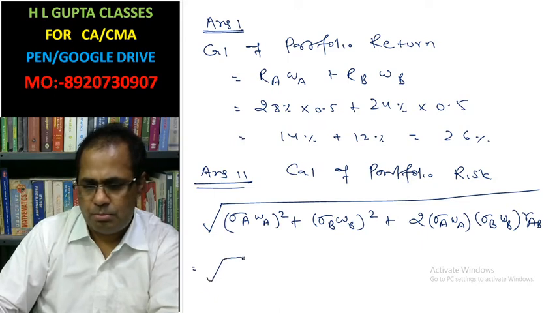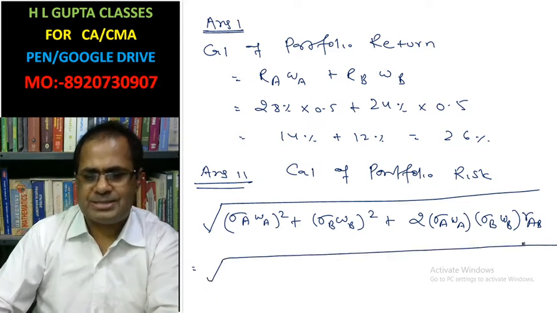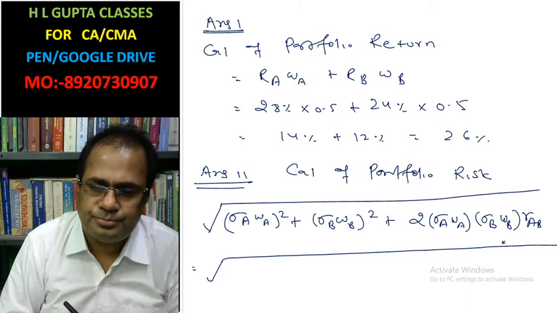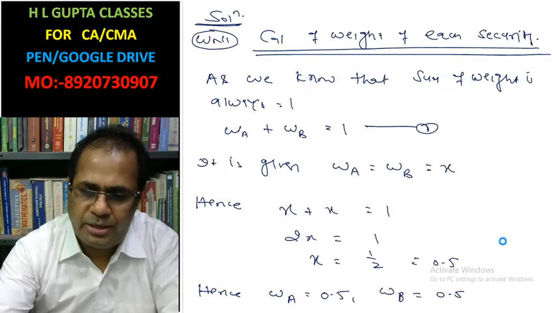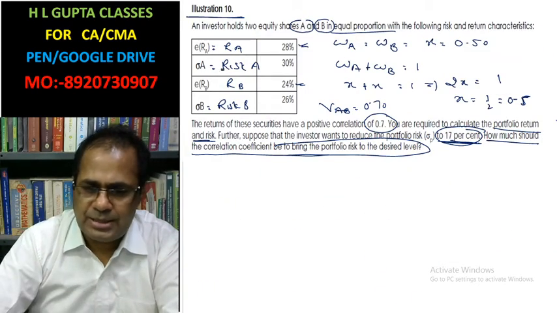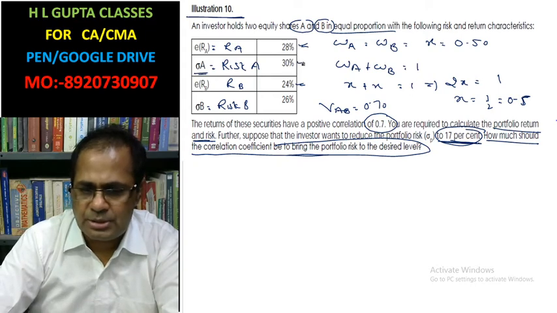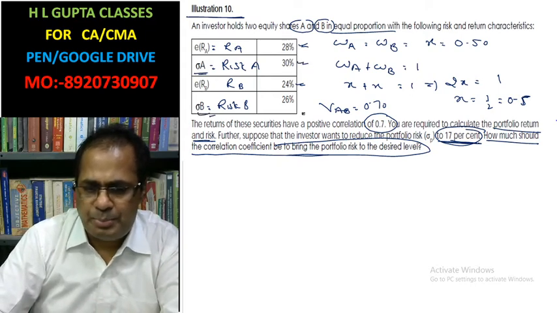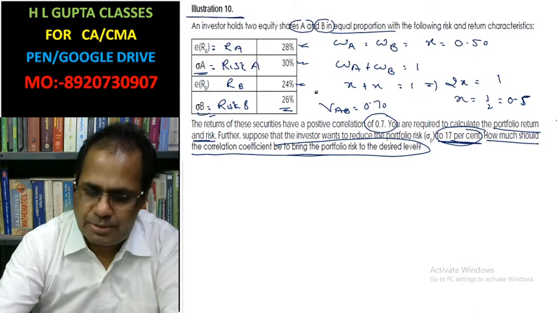Look at here. What is the standard deviation A? Standard deviation A is given as 30%. Standard deviation B is given as 26%.